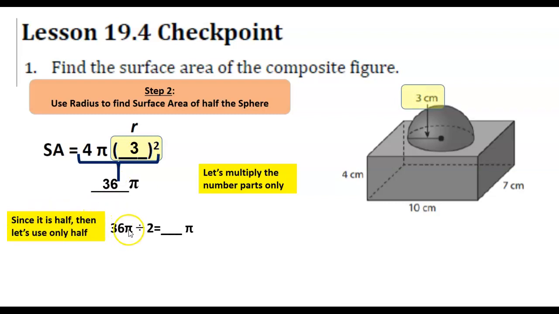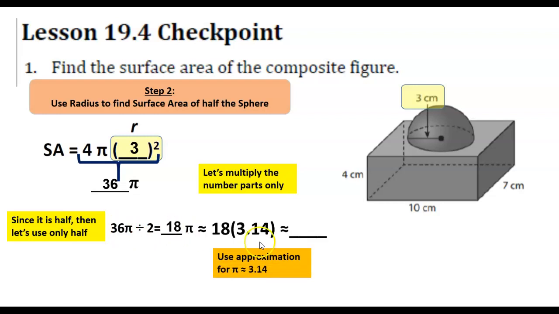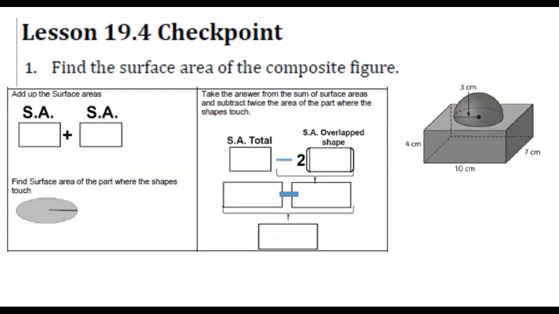So essentially, what's 36 pi divided by 2? Essentially, what's 36 divided by 2? That'd be 18. All right, let's use an approximation for that. So calculate 18 times 3.14. We'd get that. So now, you have both your surface areas. Let's add them up.